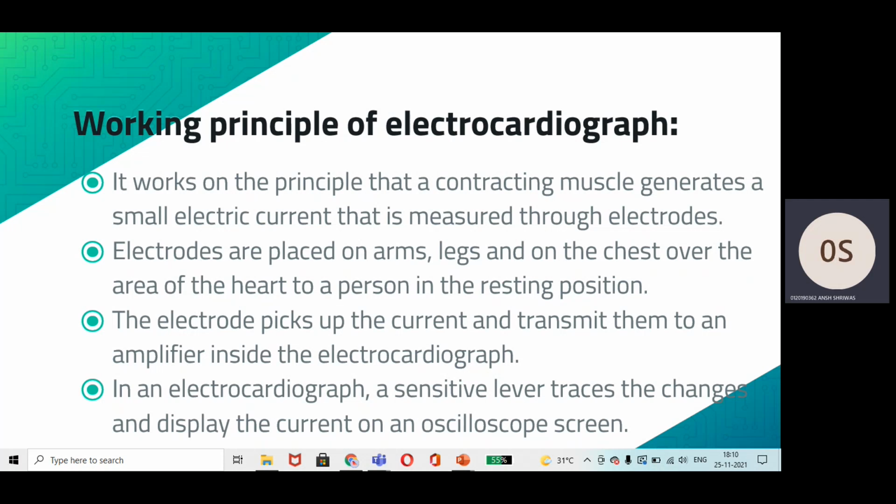The electrodes pick up the current and transmit it to an amplifier inside the electrocardiograph. In an electrocardiograph, a sensitive layer traces the changes in current and displays the current on an oscilloscope screen.